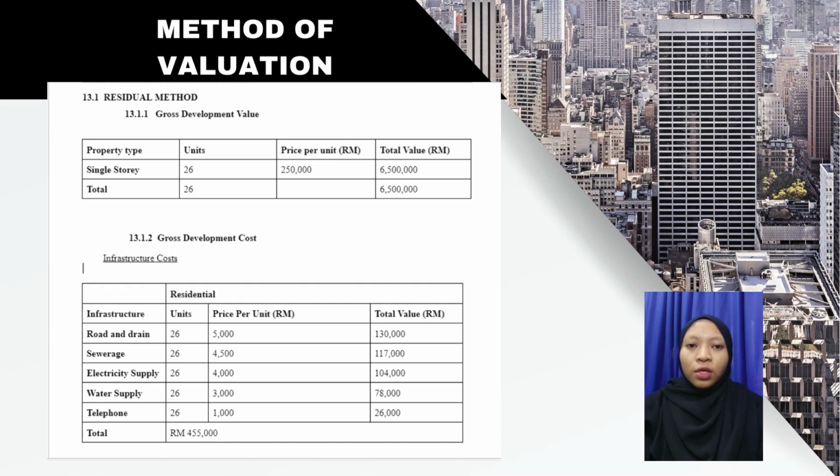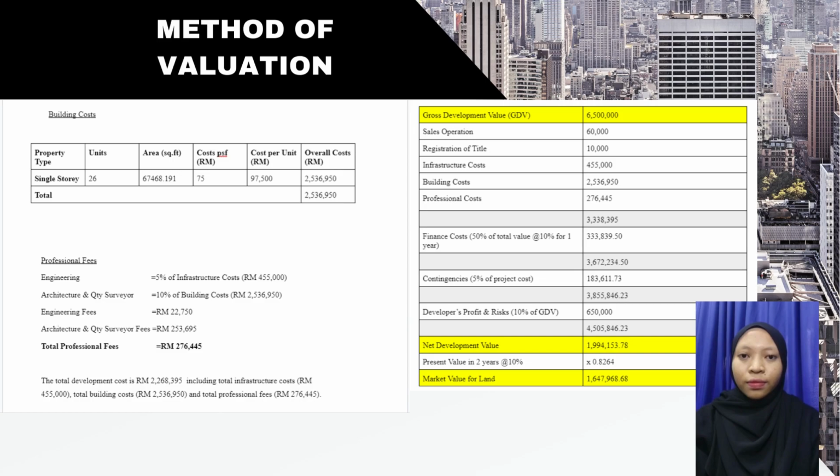For infrastructure costs, we referred to the developer on the total cost of infrastructure that they had installed per unit of houses, and as a result, the total is 455,000 ringgit. For building costs, as earlier mentioned, we decided to build a single-storey house, which costs 97,500 ringgit per unit, and the overall cost of building is 2.5 million ringgit.